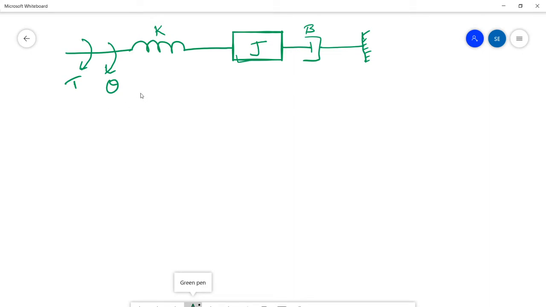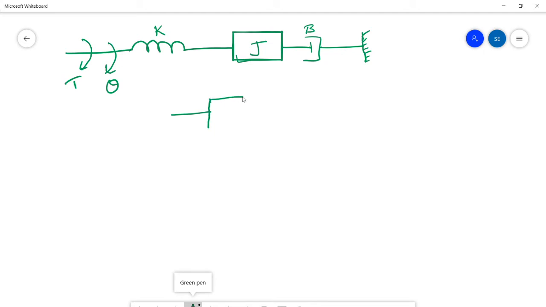And what are the forces? As we did in the mechanical translatory system, we need to draw the free body diagram. The free body diagram we drew for the mechanical translatory system was for the mass. Here it is J, that is, the inertia.